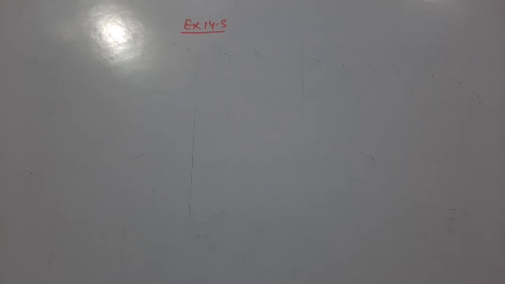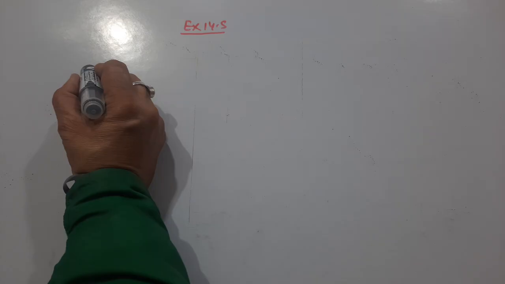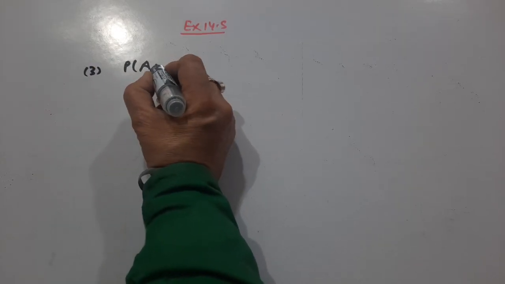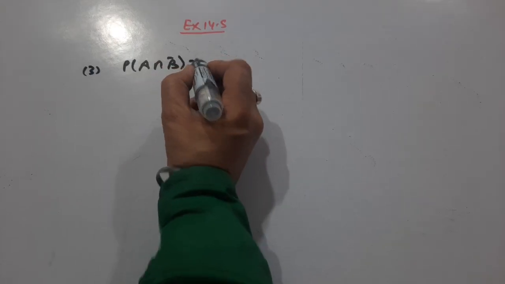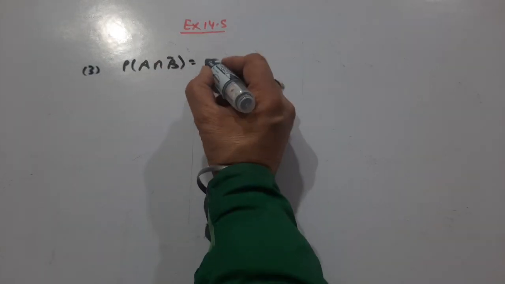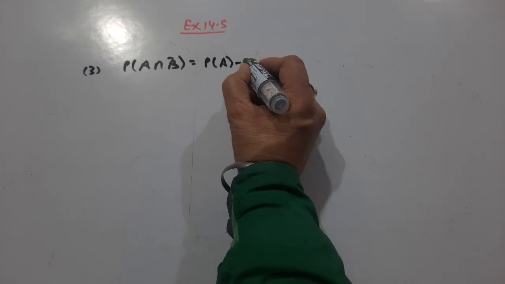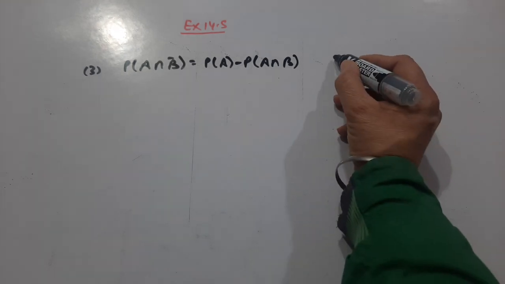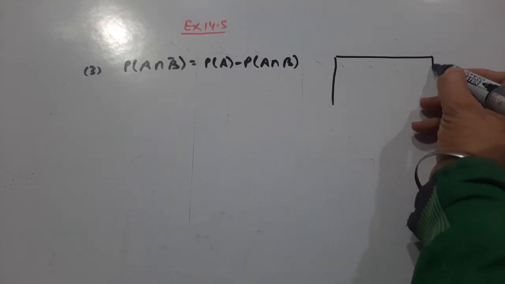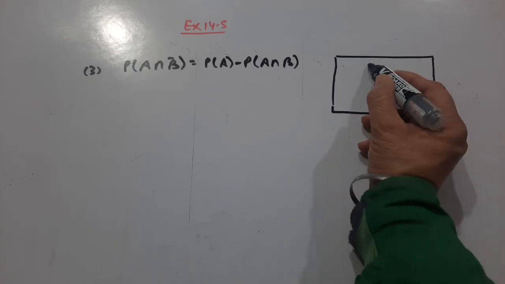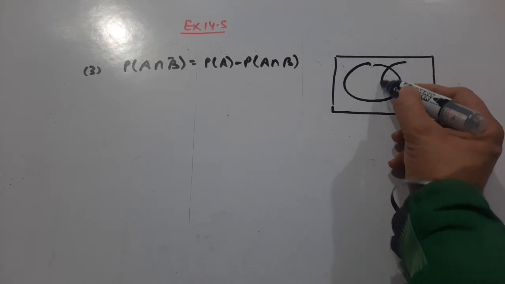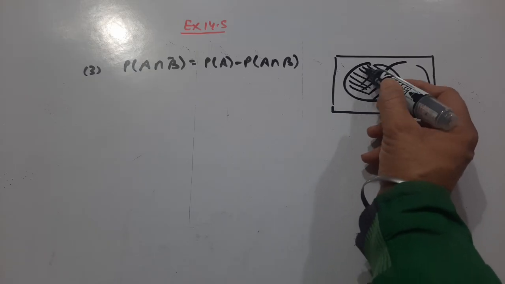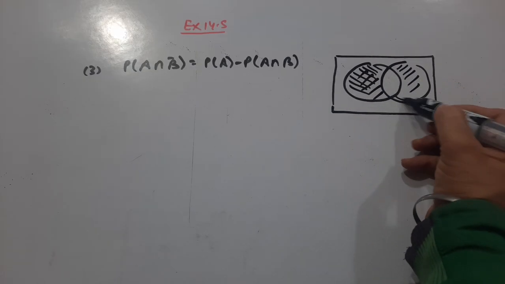Now the next theorem is P of A intersection B bar. P of A intersection B bar is equal to P of A minus P of A intersection B. Now students, as we have studied in the chapter sets, A minus B and B minus A. There are two regions, one is this one.